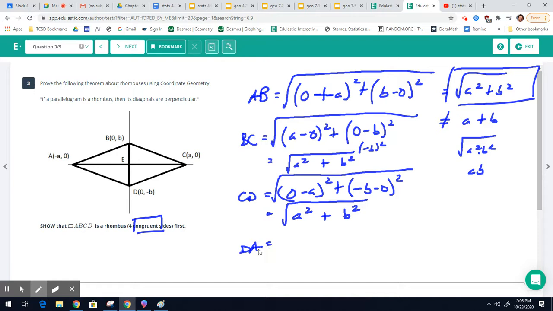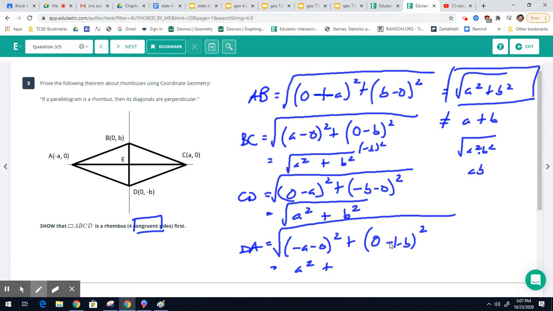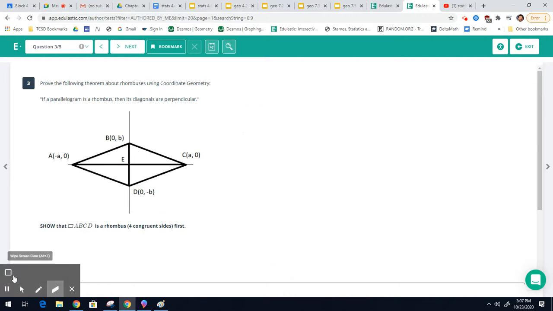And then DA, or AD, however you want to call it, I'm going to do A minus D's coordinates, so that's negative A minus 0 squared plus 0 minus negative B squared, all inside a square root. So this is negative A squared, which is positive A squared. This is 0 plus B, so that's just B squared. So all of them are the square root of A squared plus B squared. This is in fact a rhombus, because all of the side lengths are the square root of A squared plus B squared. All have the same side lengths.